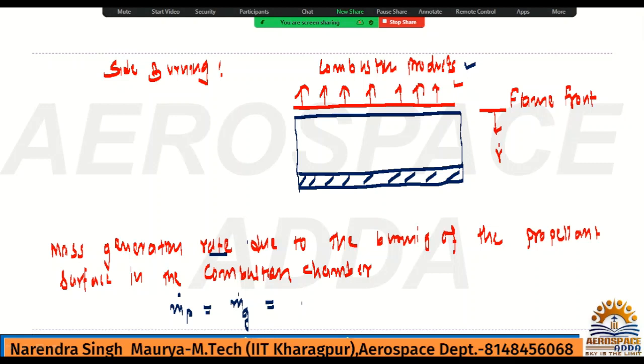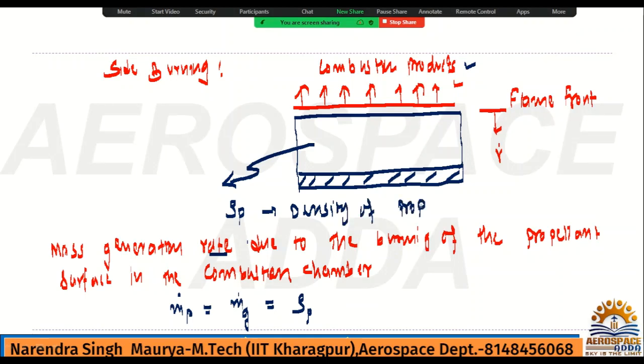So m dot g, this value will be rho p, the density of the propellant, into r dot. This r dot is the burn rate, into AB.